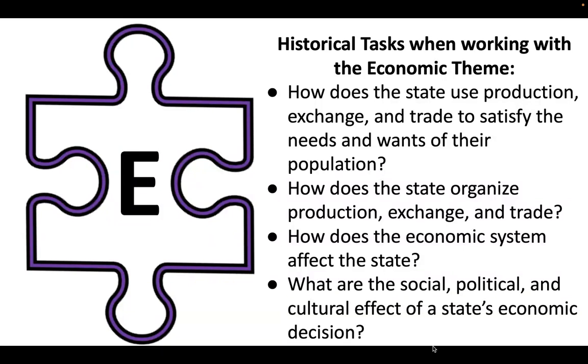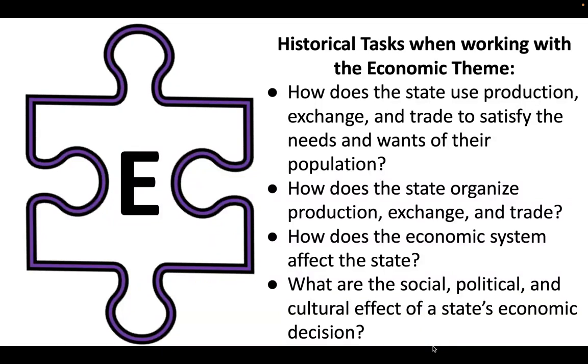Now, the government or the state is usually very involved. So in Forsyth County, there are certain things that you cannot produce and trade, most importantly, drugs. Now, later we get into economic systems. So I'm going to save this for later on in the course. But of course, what we're talking about in Forsyth County is capitalism.